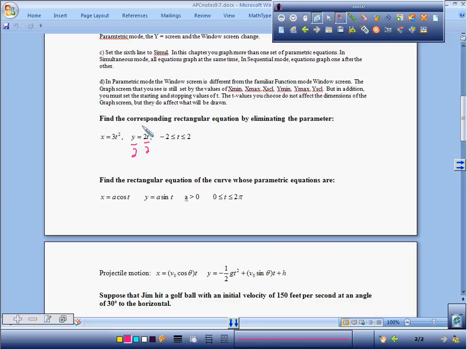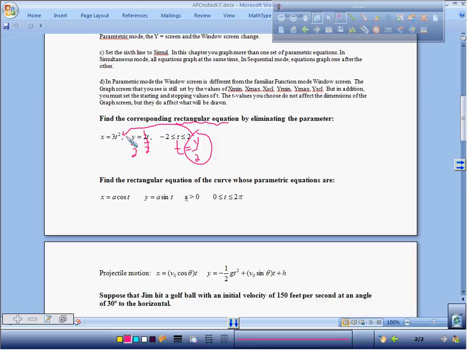Because you're going to try to get into a rectangular equation. That means all in terms of x's and y's. So if I solve this equation for t, I get t equals y over 2, right? And then I'm going to take that and plug it in over here.